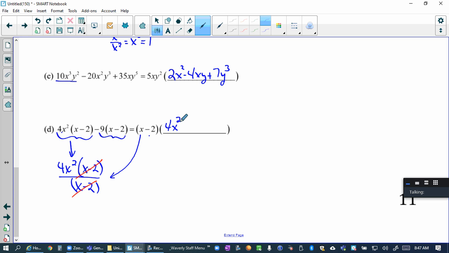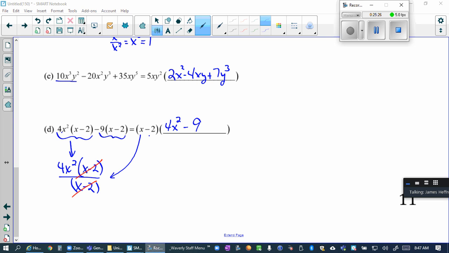Yeah, and then minus 9. Minus 9, that's it, right? Because if I was to go back and distribute this x minus 2 through there, I'd end up where I started, wouldn't I? Okay? So, there we go, a little review of exponents. You need to get comfortable with those, okay?